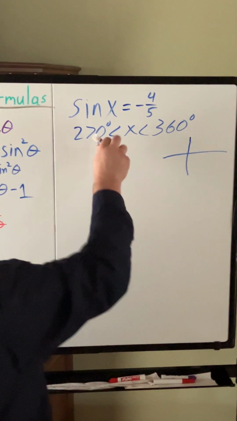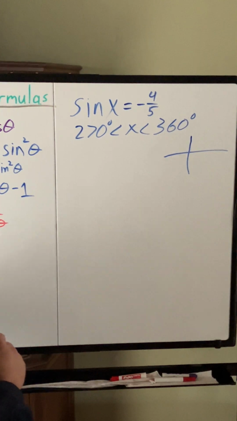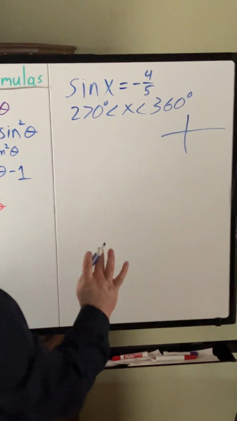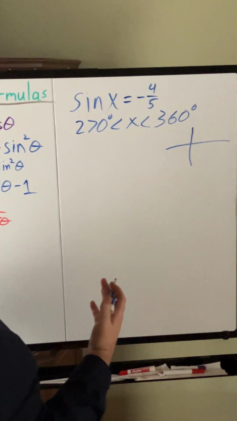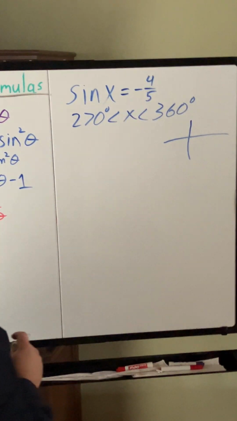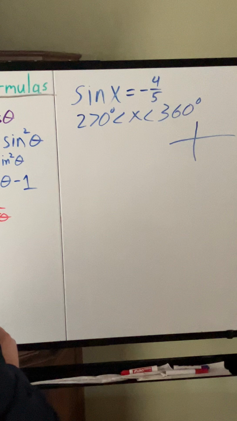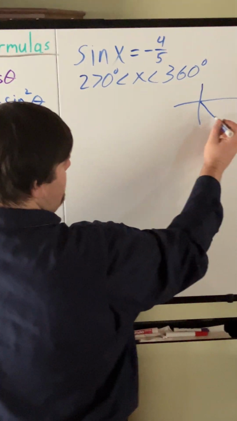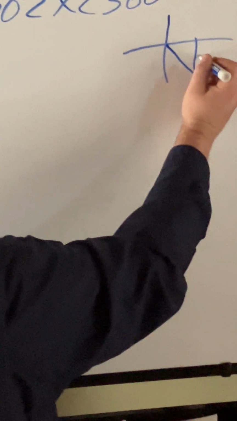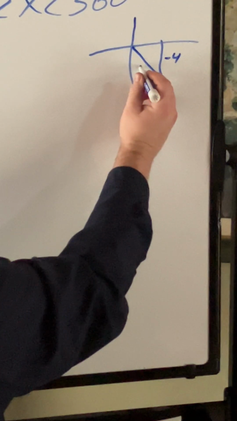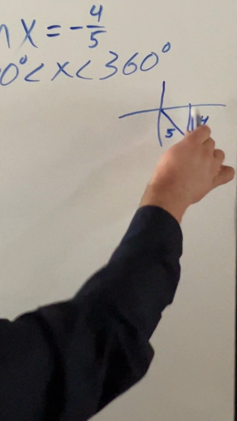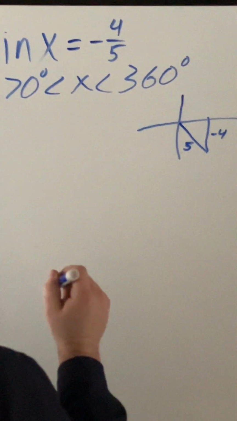And anytime you're given information about an angle, almost 100% of the time, you want to sketch out that angle and sketch its accompanying triangle. You're probably going to use it at some point. So in this case, we know that this triangle is in this quadrant, and we know that this side is -4 and this side's 5 because sine is opposite over hypotenuse.